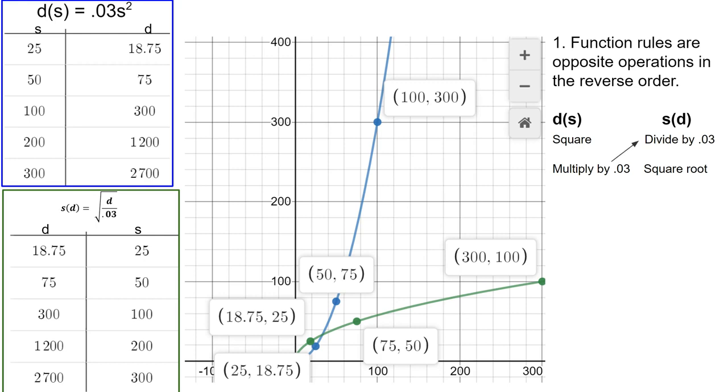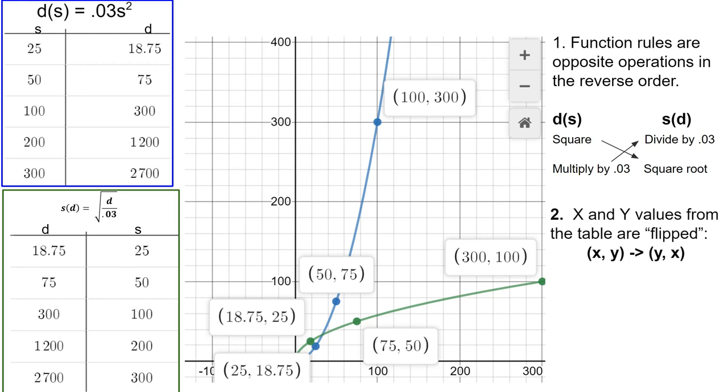The first thing that's done in S of D is the opposite of that, to divide by 0.03. So we're doing the opposite operation, and the last thing is now the first thing. The square becomes inverted as a square root. So you can see we have opposite operations in the reverse order. Instead of squaring and multiplying by 0.03, I'm dividing by 0.03 and then square rooting.